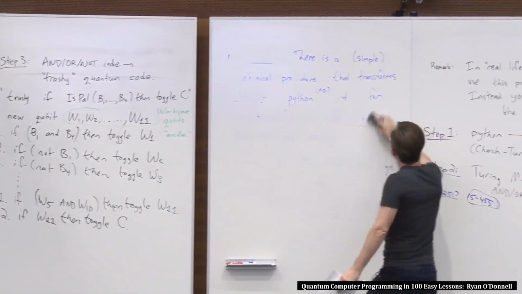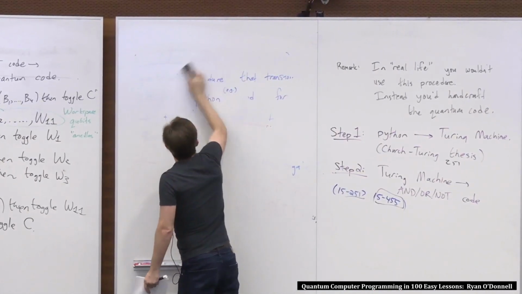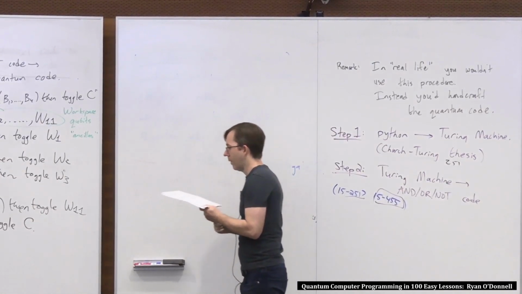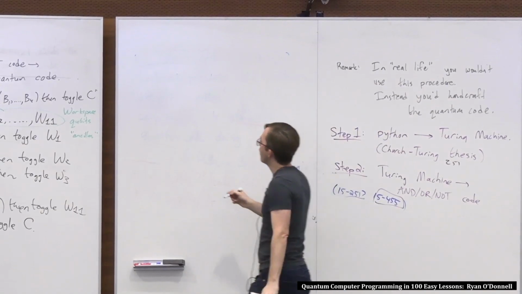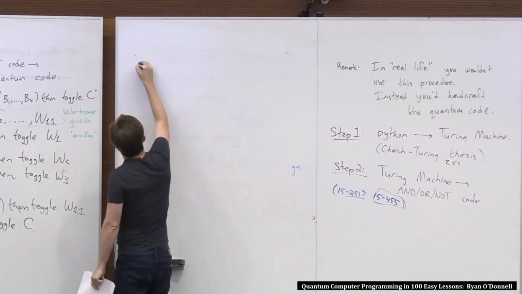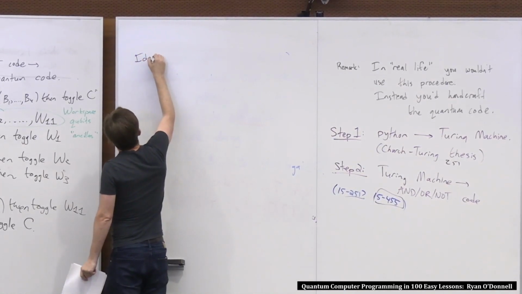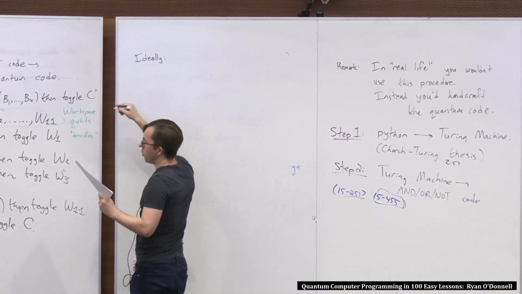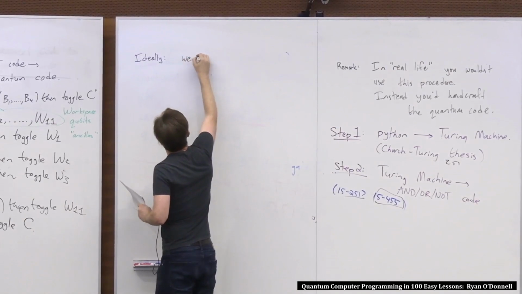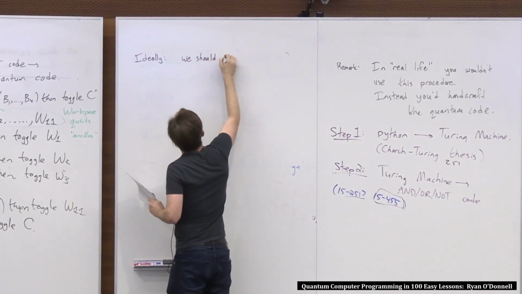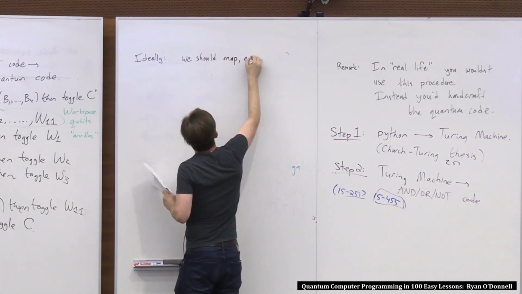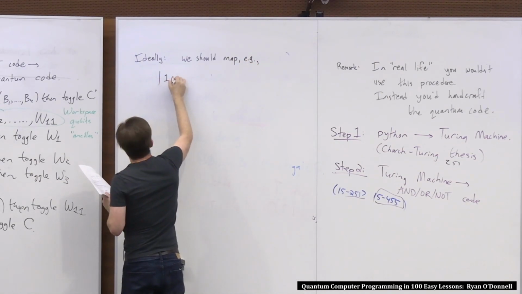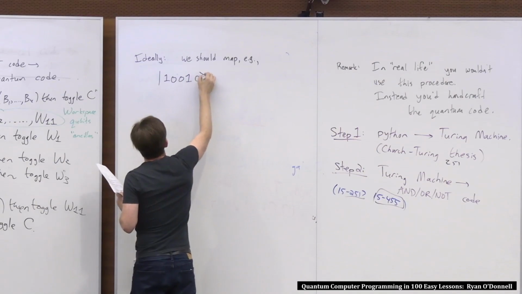So in other words, if we think about how this code operates, in our dreams, ideally, this instruction that we're trying to build should map, for example, 1, 0, 0, 1, 0.